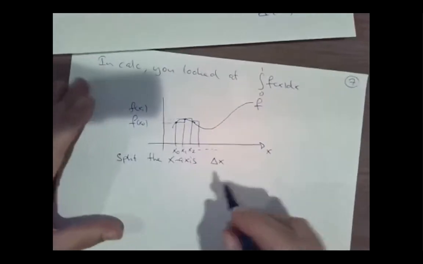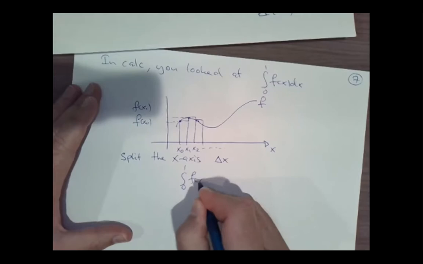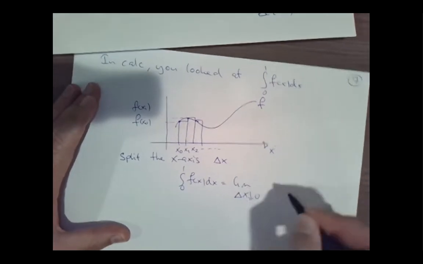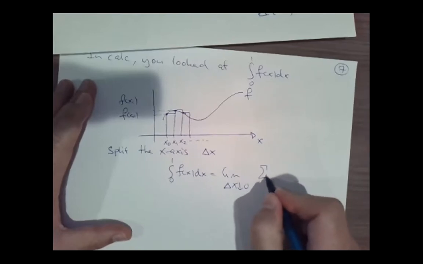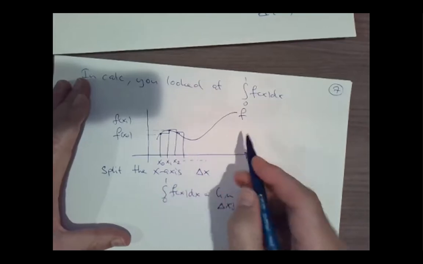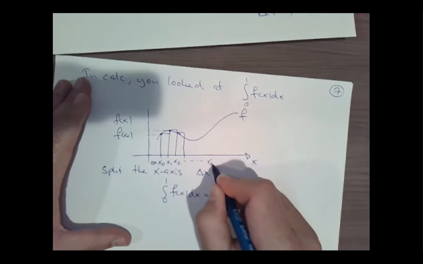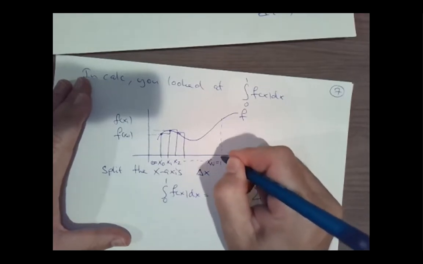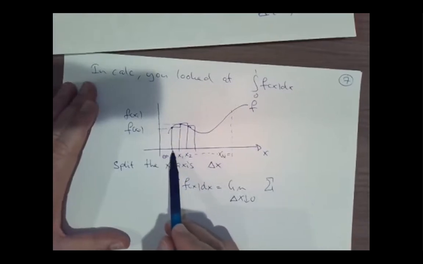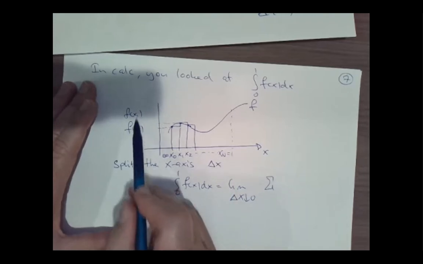And then you would ultimately look at this integral as some sort of a limit, as your delta x goes to 0, of sums. You sum up the finitely many rectangles you will fill up. If this here is 0, and then I'll go up to say xn, which is 1, you will fill up the space between x0 and 1 with these rectangles. We try to approximate as we did here.